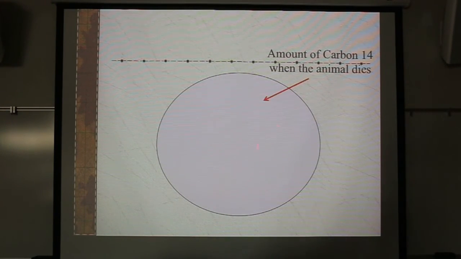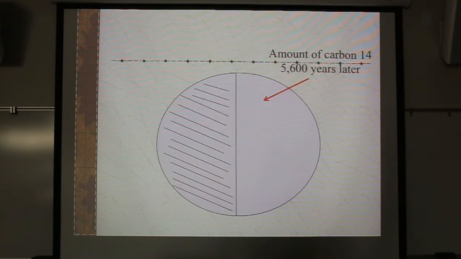So the idea of carbon-14 is this. If you assume that you have an animal, and the animal is a particular size, and based on the amount of carbon-14 in the air, that organism, you would assume, right when it dies, has about 100% of the amount of carbon-14 that you would get in the air. Okay, so it remains about the same right when it dies. But because, once again, carbon-14 is unstable, it's decaying.